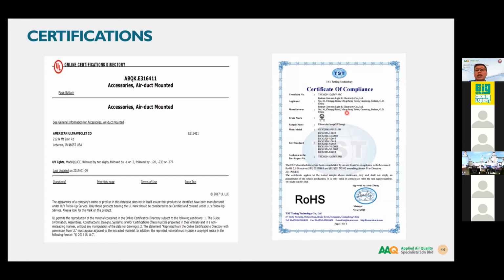So working with safety is one of the priority, and then the certification of compliance, which is tested and then approved by Roche or UL, which also has to be taken into consideration because the product must be of good quality. Otherwise, what people are offering or we are offering, you may not get a good quality product.